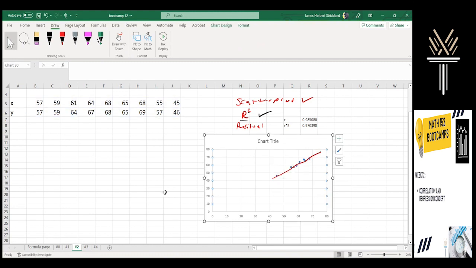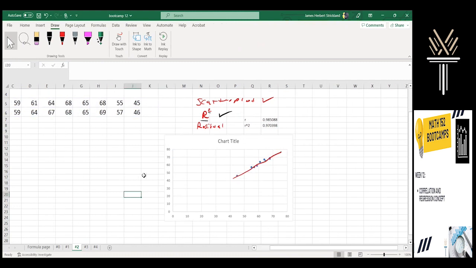And remember that line is of the form y hat equals b0 plus b1 times x. And so we're going to need these 2 numbers. b0 is just the intercept, and b1 is the slope, and we have formulas in Excel for those.